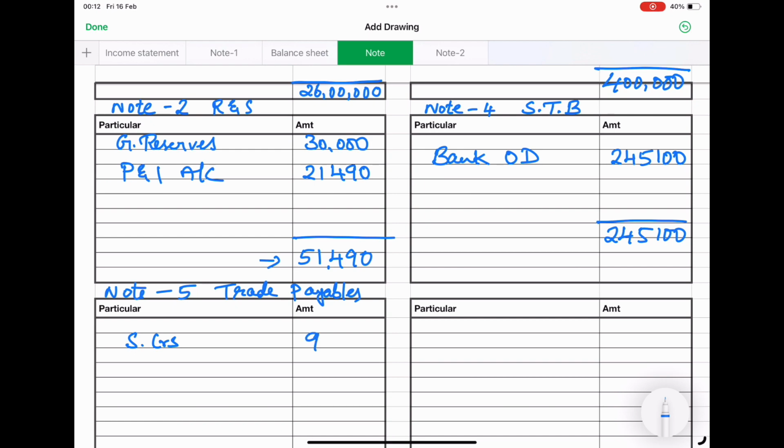So note 5, that's it, we don't have any other further value, so direct 92,560. Next, note number 6.